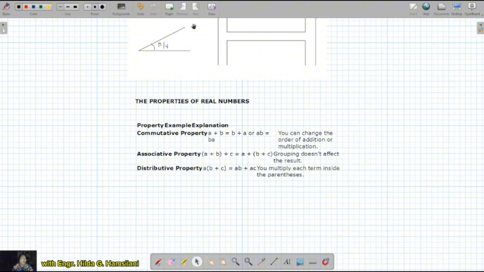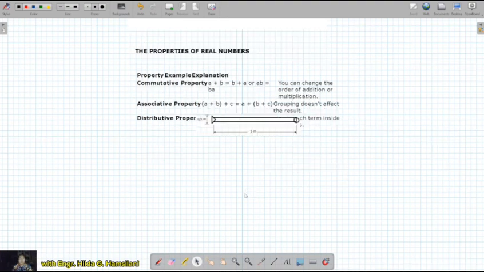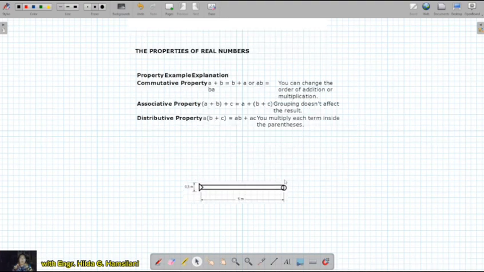Just like, for example, we have a beam here. So this is a beam. Let's say, for example, we have two loads. The first load is F1, which is equivalent to 20 kilonewtons. And then we have another load on the same beam.